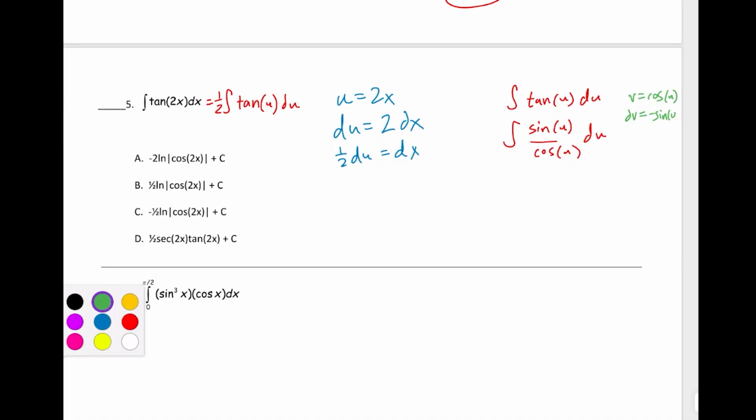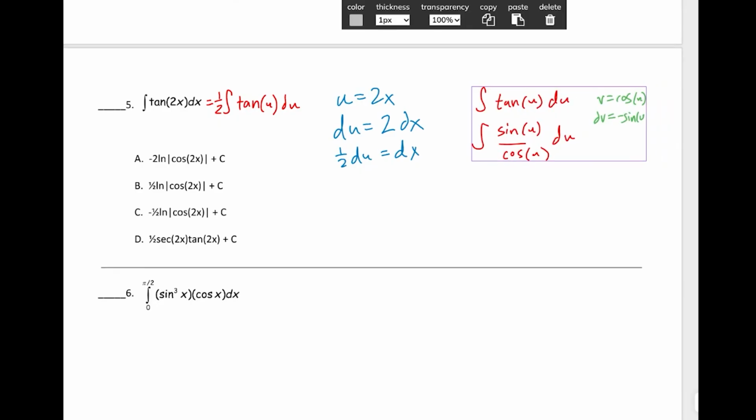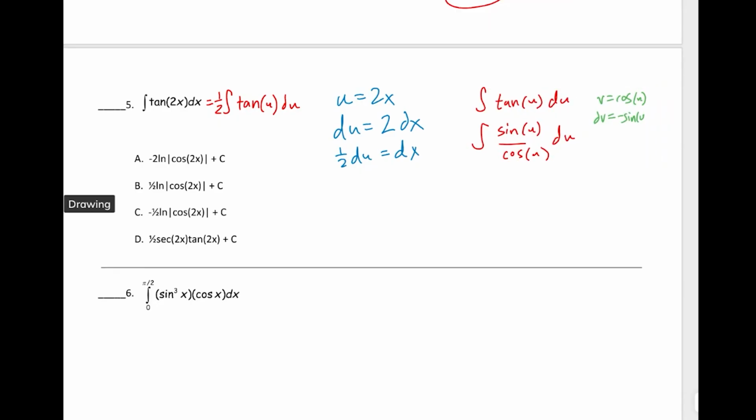I'm running out of space here. Let me scoot this over. Actually, I'll just scoot the whole thing over. So to get the du, I'm going to have to divide both sides by -1. So negative dv is sine u du.